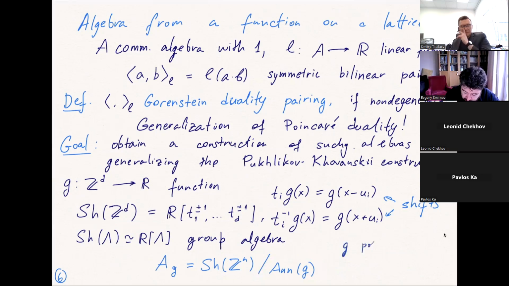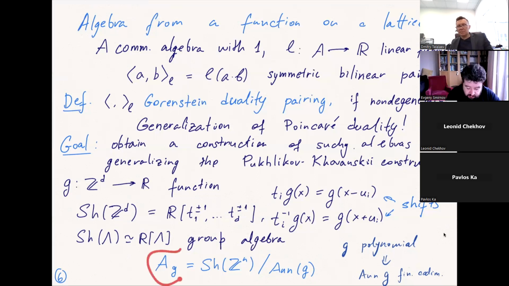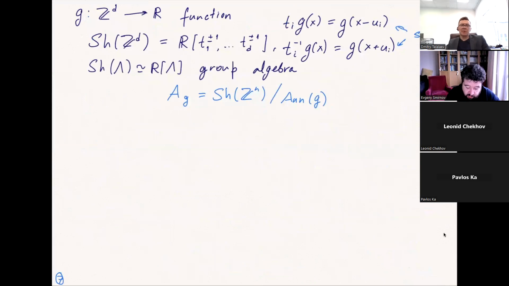just like it worked with differential operators. When you have a lattice, you have shifts, not differential operators. And you can mod out the algebra of shifts by this annihilator of g and get something we call A of g. For a polynomial, this will be an Artinian algebra, a finite dimensional one.